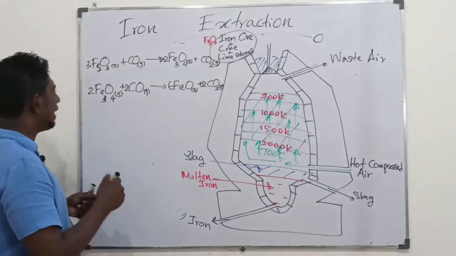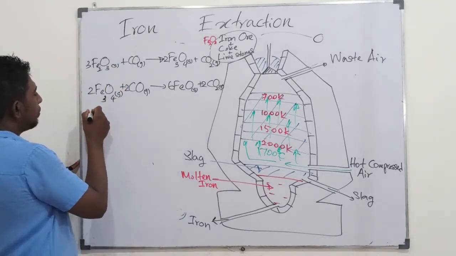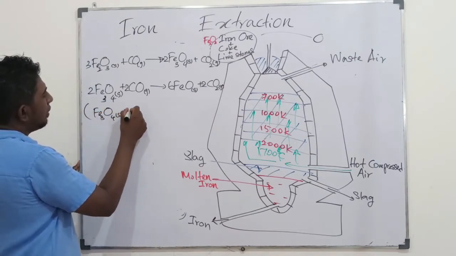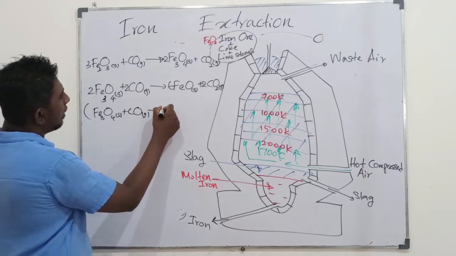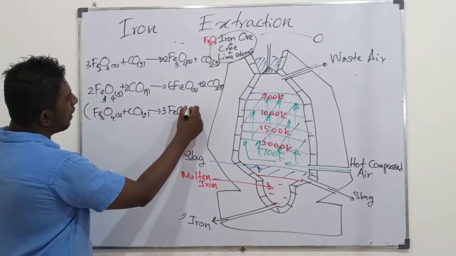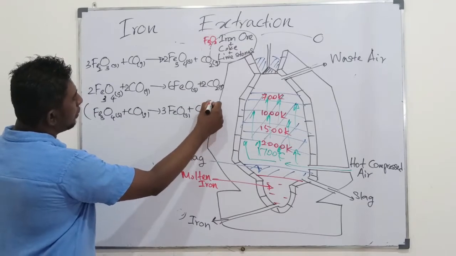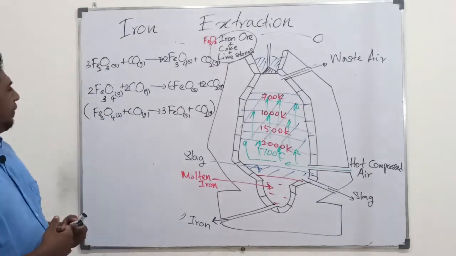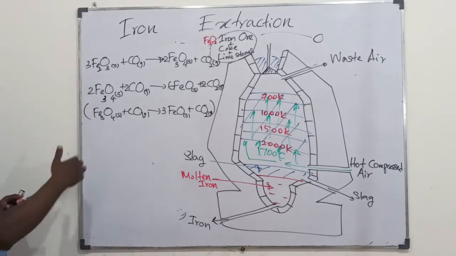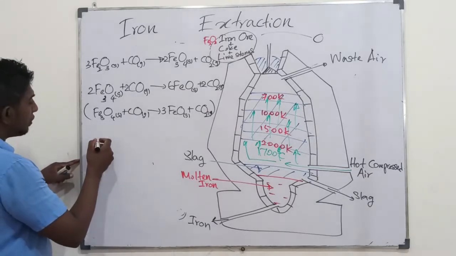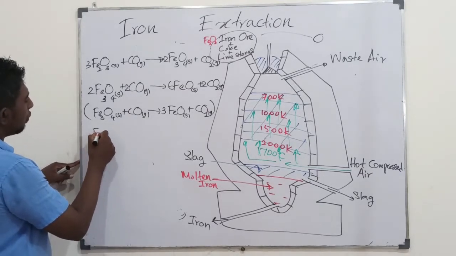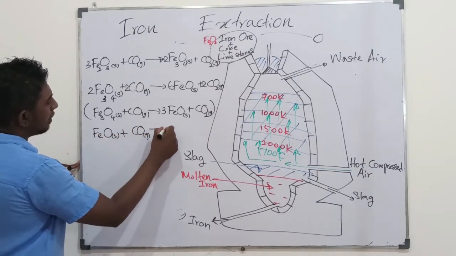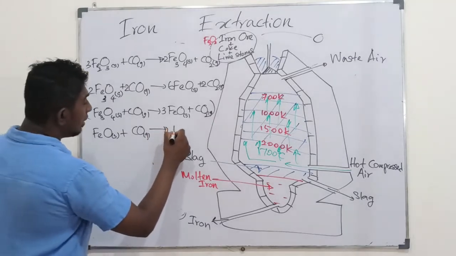So you could write it either in this form or, dividing that by 2, in the form of Fe3O4 solid with CO gas giving 3FeO solid and CO2 gas. You could give it either way, it doesn't matter. Okay, then students, this is at the mid; at the bottom you would get this reaction. The FeO formed finally reacts with carbon monoxide, the main reducing agent, becoming iron.